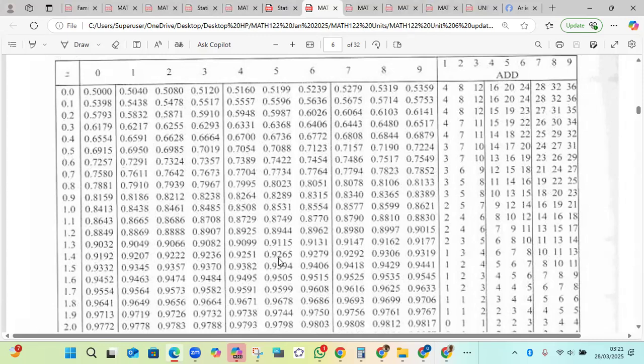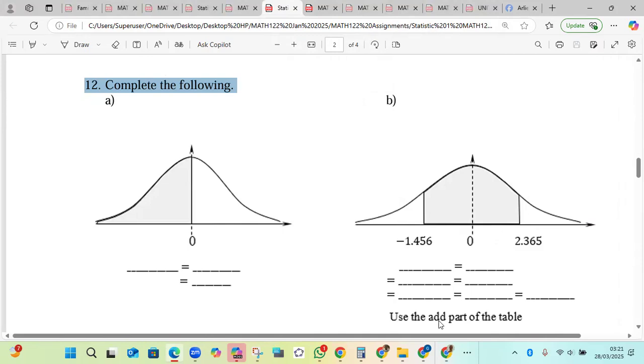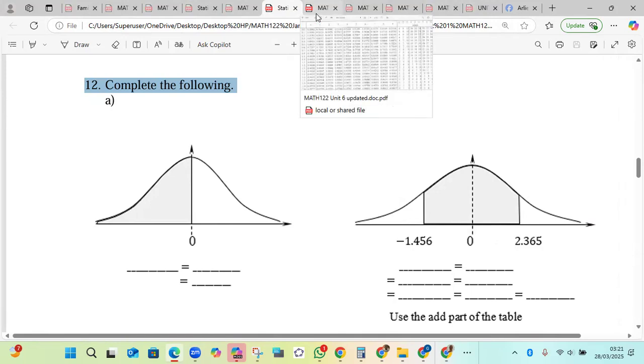Okay, that's what you add to 0.9265. If it was 1.457, you would stop on the 7, that would be 10. So you'd add 0.0010. Okay? And that's what you do to use the add part of the table to solve for this shaded region right here. So I hope this helps with your completion of number 12.